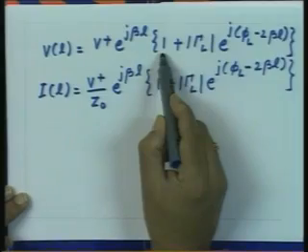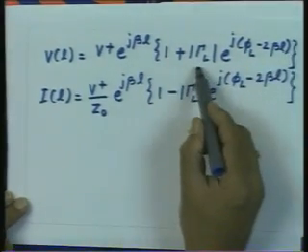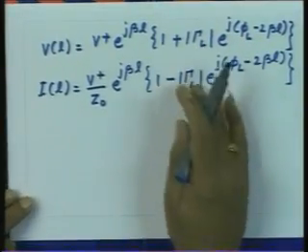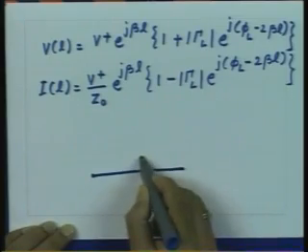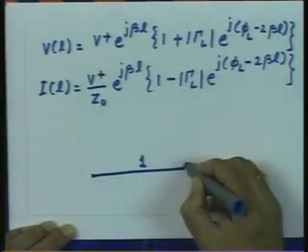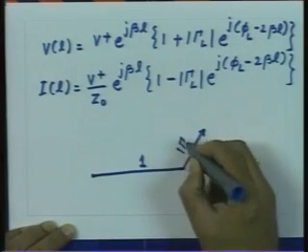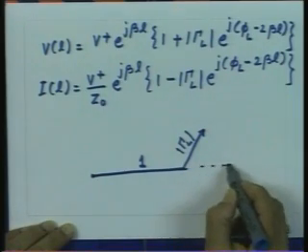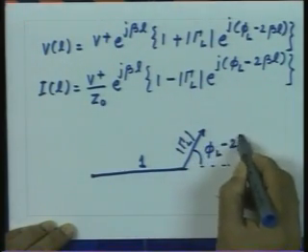This term is the real term, this term is the complex term whose phase is given by that and whose magnitude is given by mod gamma L. So, essentially this is the vector of unity 1 which represents the first term. Then I have another vector here whose magnitude is mod gamma L, and the phase of this is phi L minus 2 beta L.